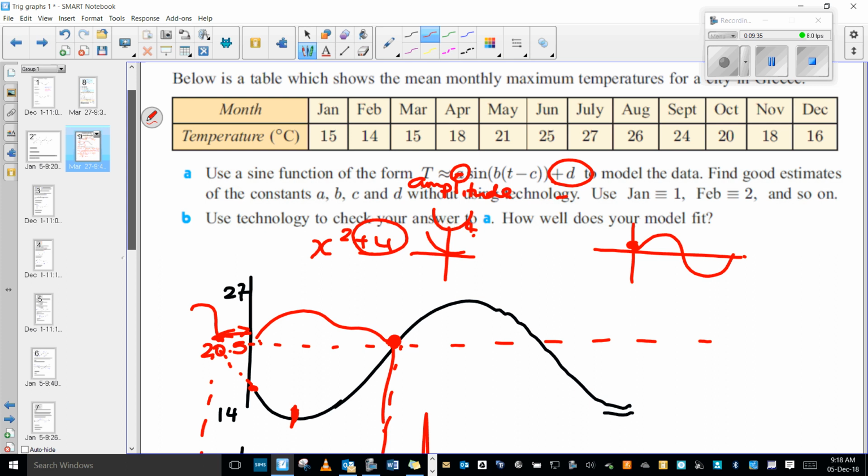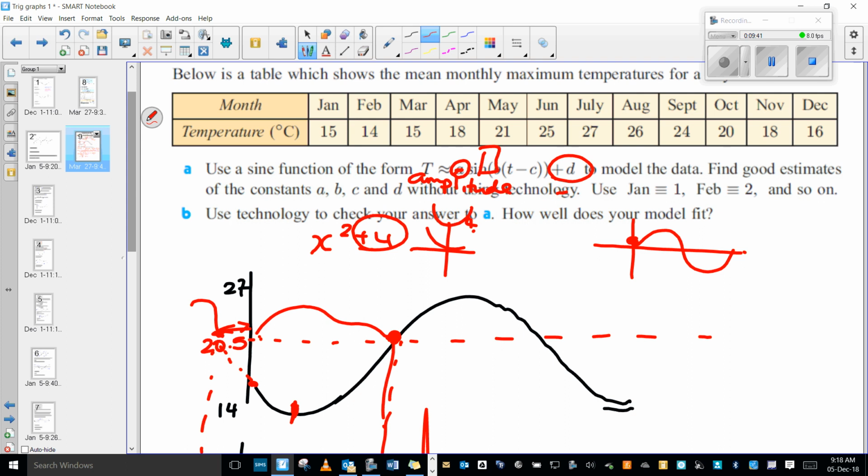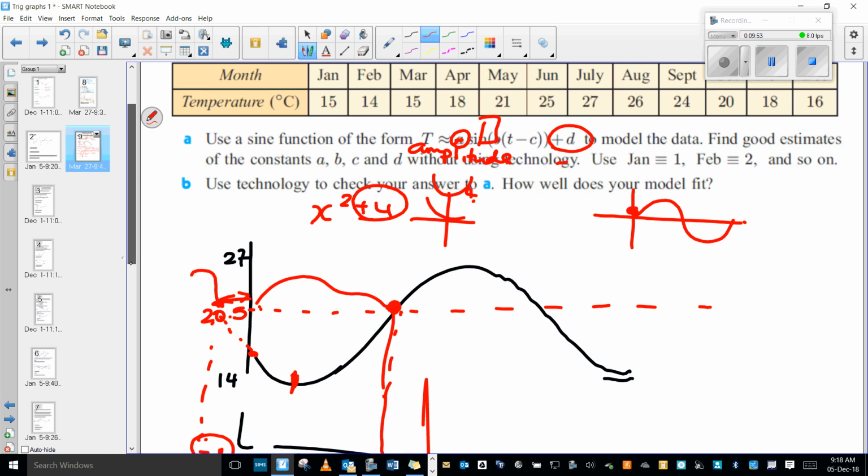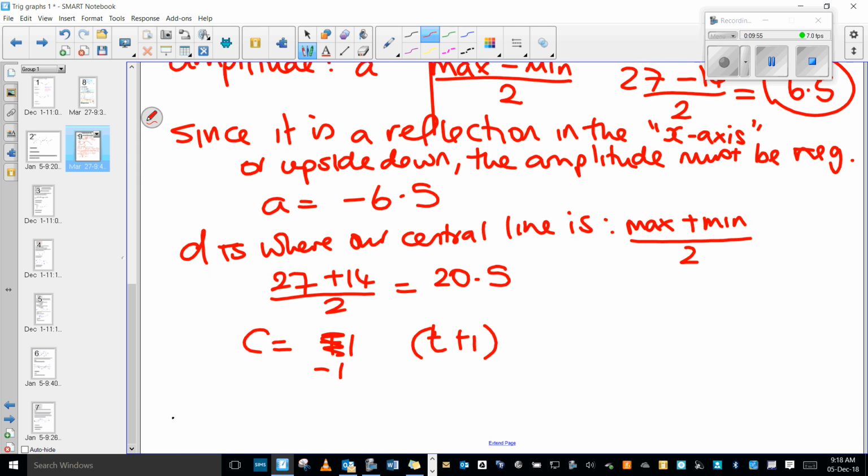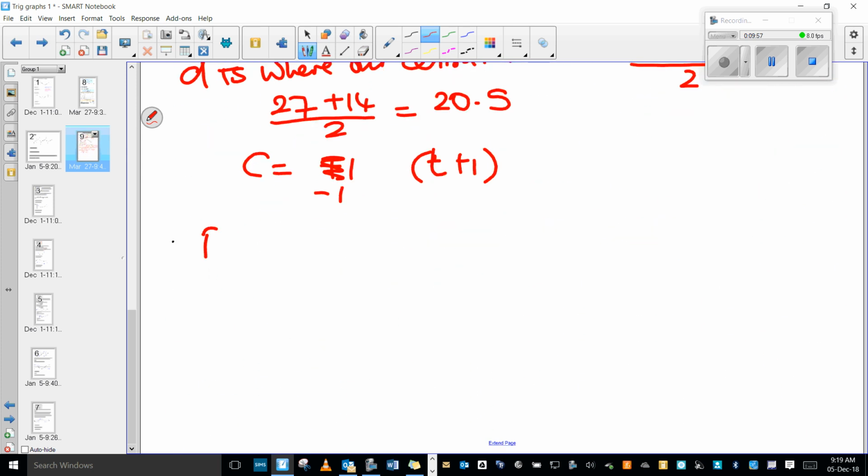So remember, the easiest way of finding B is to establish how many cycles it would do. For this one, let's say what is the period of it. So normally the period would be 2 pi, and it's going to be divided by this value b.